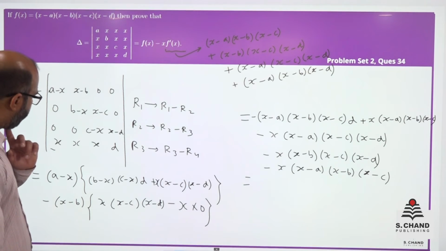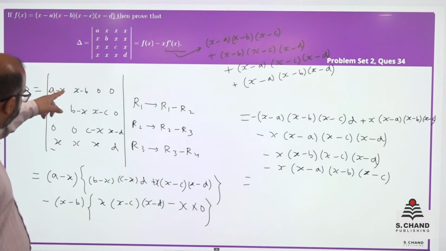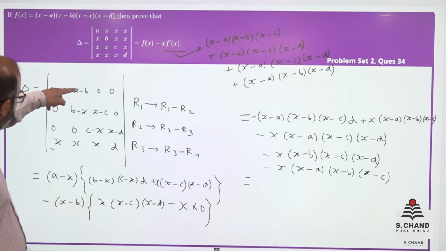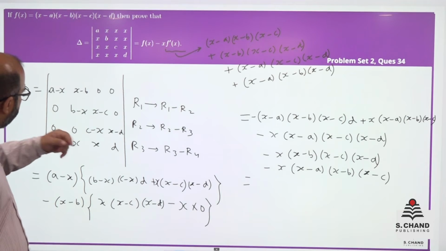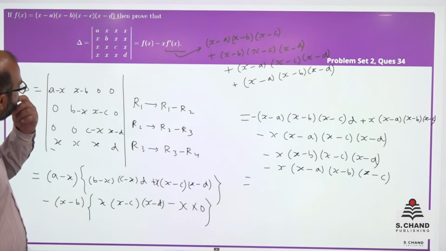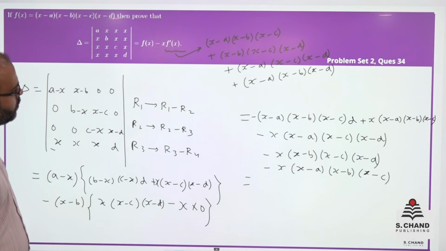One more term should have come. Let me see, x minus b was there, right? And when it was eliminated, then x was remaining like this, and x minus c, x minus d minus c minus x into 0. There should be 4 terms, right?